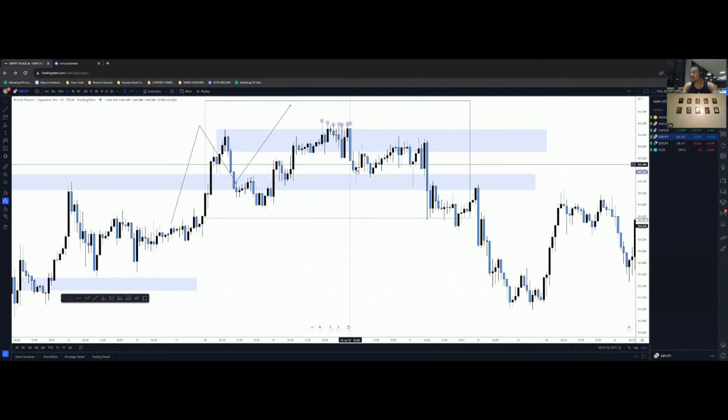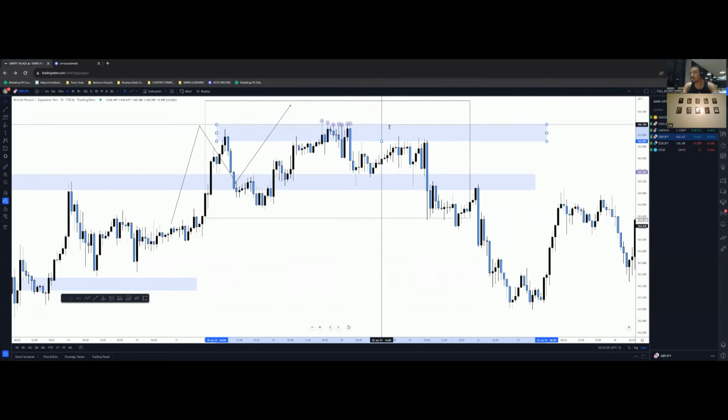You have some consolidation after the impulse move down, and then look what it does again. It comes back up and corrects this order block impulsive move area right here with these wicks showing more sign of weakness and a desire to go down. And lo and behold, that's what it does.